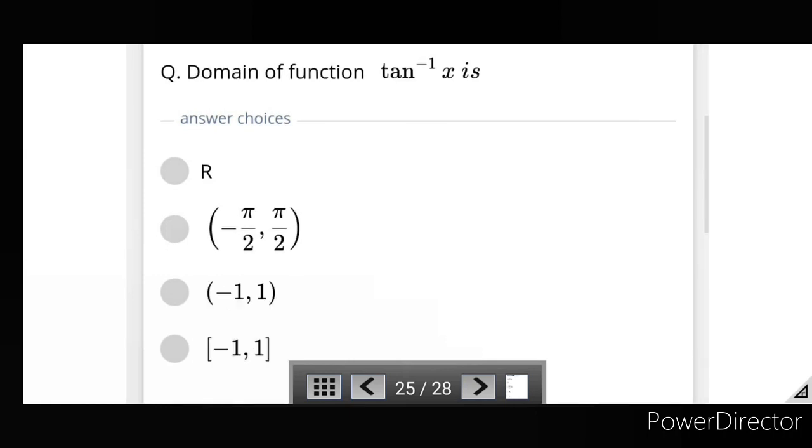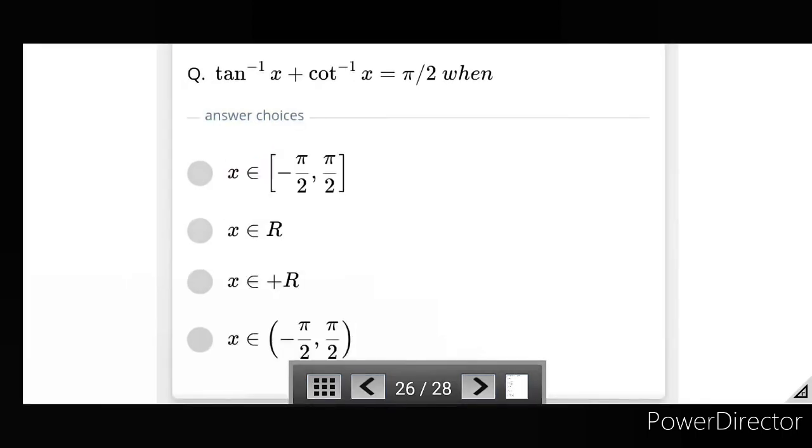Next is domain of tan inverse x is R. Next question, tan inverse x plus cot inverse x is equal to pi by 2 when x belongs to minus pi by 2 to pi by 2, or x belongs to R, or x belongs to plus R, or x belongs to minus pi by 2 to pi by 2. B is right option.